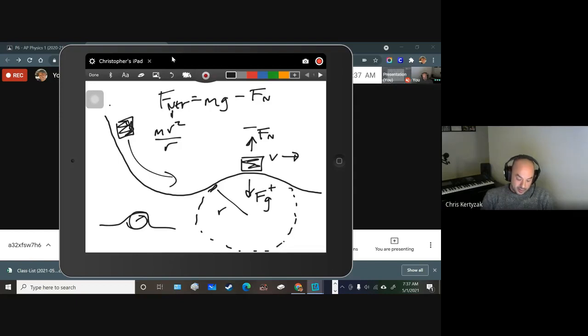So that's the r, and then again we'd have mg minus Fn. This is how you model the forces going over a bump. Again, it's the same thing. You just have to apply the idea that the net force is mv squared over r, do your free body diagram like I did, and then think: towards the center is plus, away from the center is minus. Just put them in like I did.